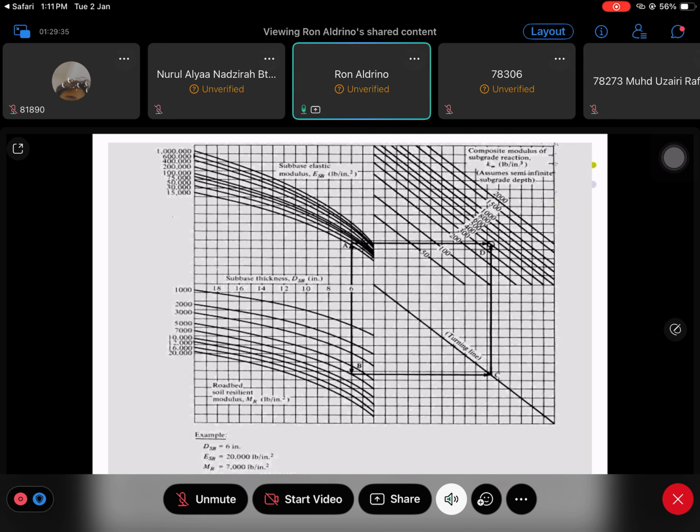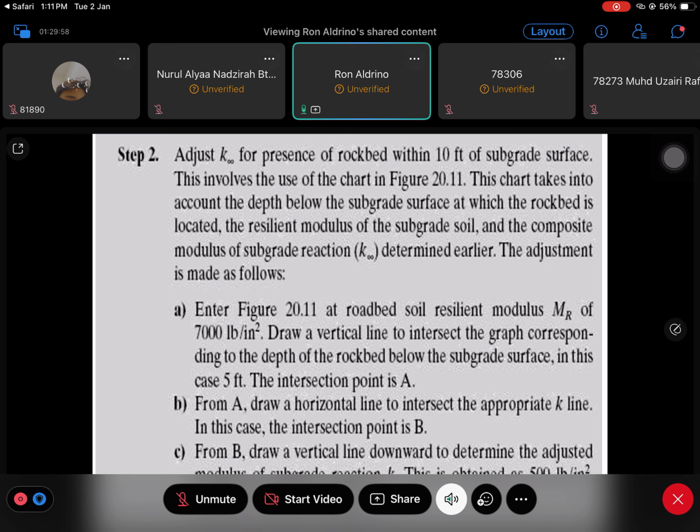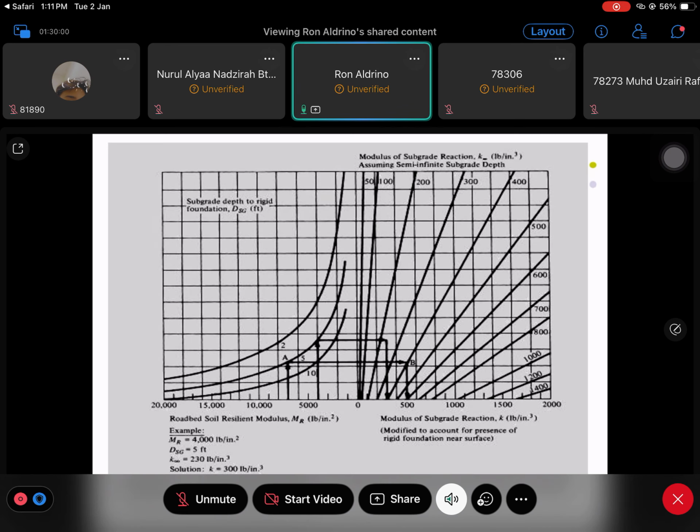So in AASHTO, it's already giving you some guideline where your maximum design may be up to 20 inch, for example, for your subbase, and the lowest is 6. Anything below 6 may not be feasible, may not be workable for your road base. So all these are based on assumption. A lot of these are based on assumption.